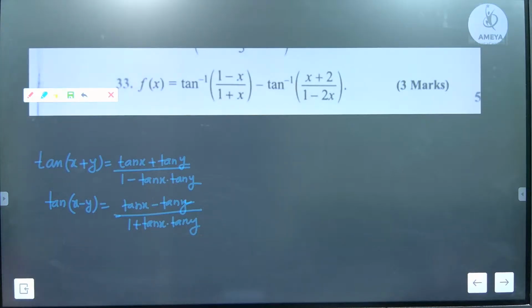These are the two formulas. Understood? So how can its inverse be written? The inverse formula is totally different. How to write the inverse?